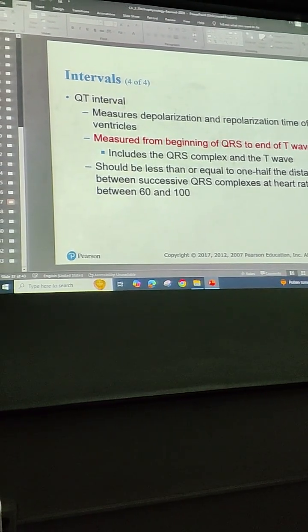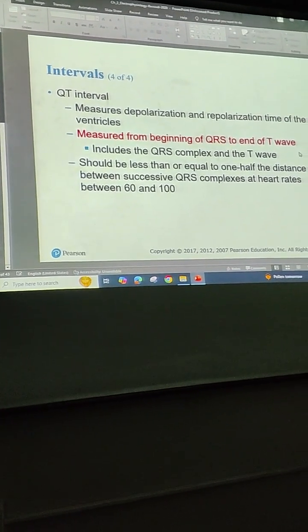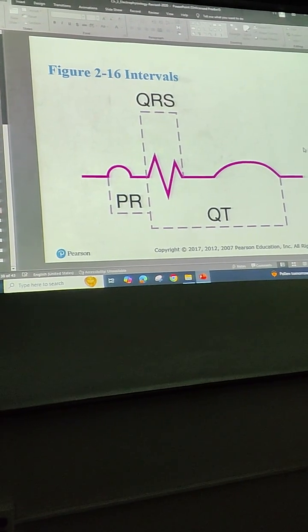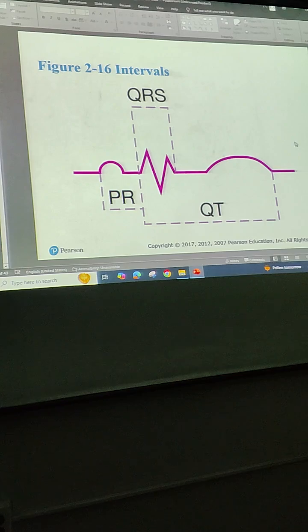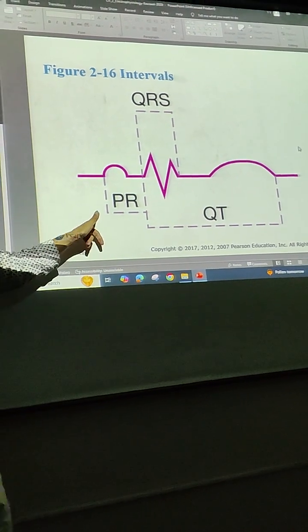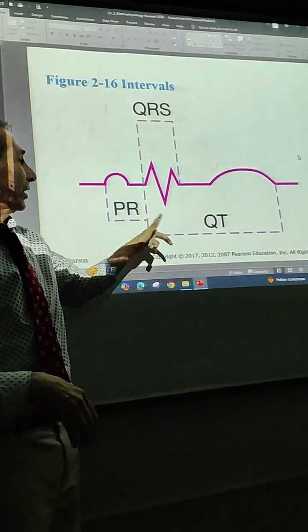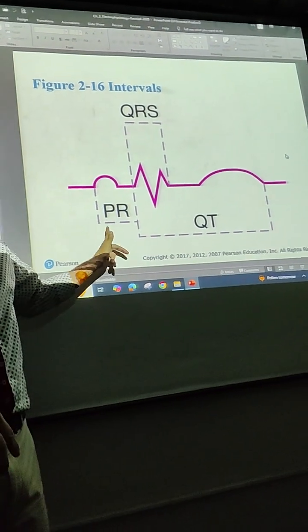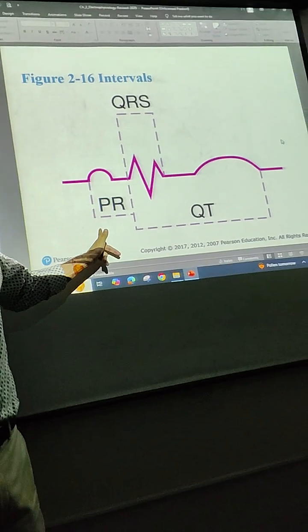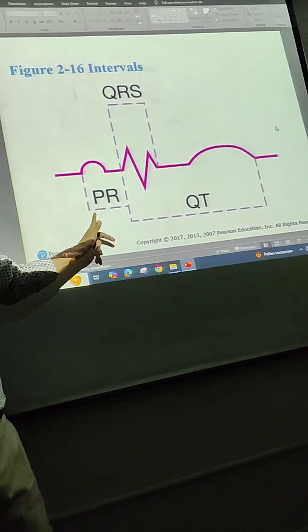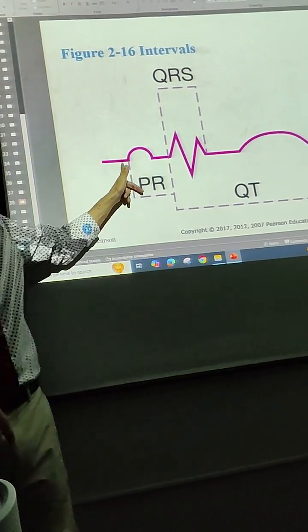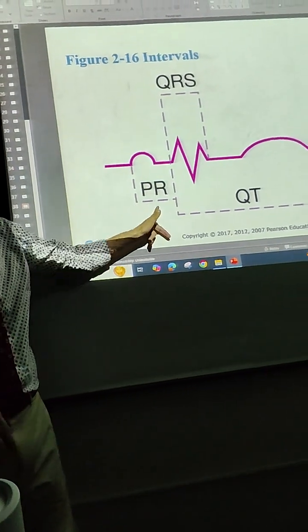Here it is, just for you to have an idea. Remember, PR, QRS, QT. PR goes between 0.12 and 0.20. This is the size, the timing.